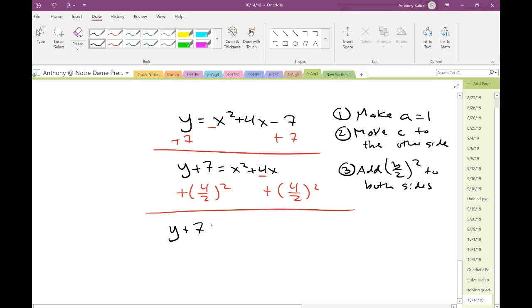Sorry, b over 2 is 2, and 2 squared is 4. And on the right-hand side, I'm not going to do the squaring, but I notice I can simplify 4 over 2. So I'll go ahead and do that. 4 over 2 squared is 4.